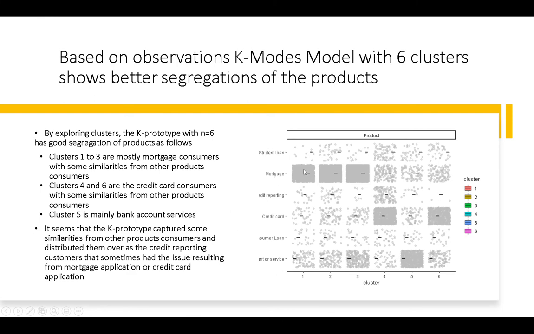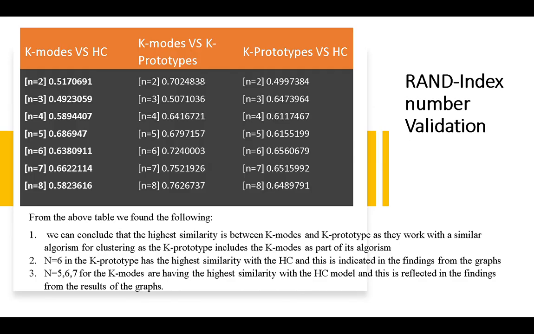Clusters 1 to 3 are mainly for mortgage, clusters 4 and 6 are for credit cards, and cluster 5 has the higher concentration of banking services. The credit score is distributed over all the clusters, as I mentioned before, because it's related to every product that has lending. So there are big similarities between its complaints and the other product complaints.